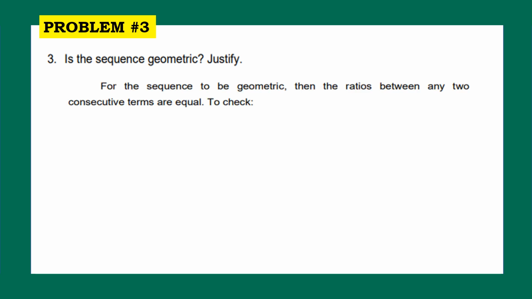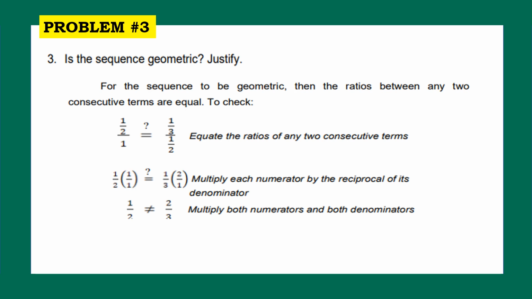So, for the sequence to be geometric, we have to remember that the ratios between any two consecutive terms must be equal. So, we will be using here again the second term over the first term equals the third term over the second term. We equate the ratios of any two consecutive terms. So, are they equal? We just need to copy the numerator and then get the reciprocal of the denominator.